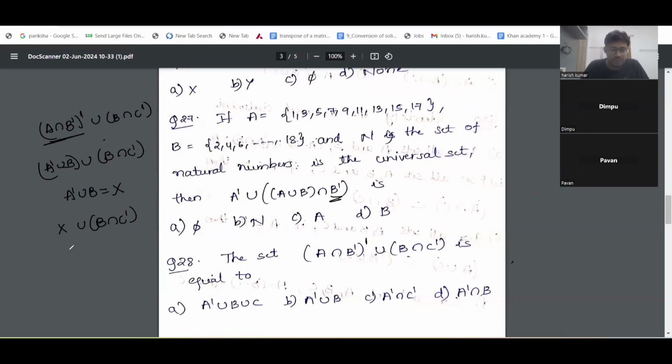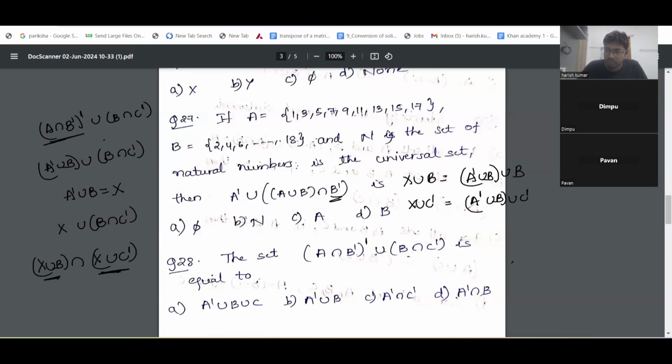Now I will apply the distributive property. So this will become (X union B) intersection (X union C complement). Now I have to find what X union B is and what X union C complement is. X union B is nothing but A complement union B union B. Then X union C complement is A complement union B union C complement.